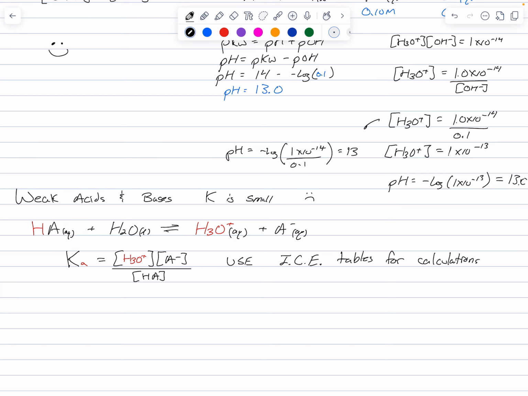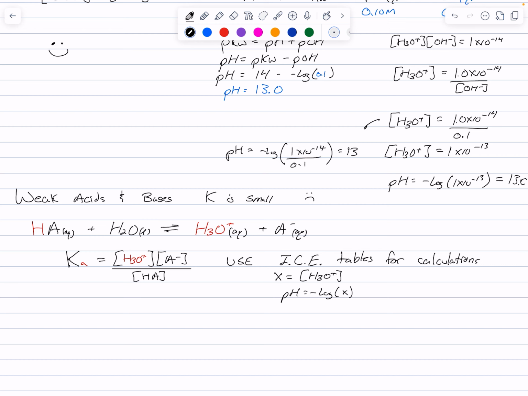When you solve for X, that is the concentration of H3O plus most of the time. And so the pH typically is the negative log of X for monoprotic acids. These are for monoprotic. We'll do polyprotic later on.